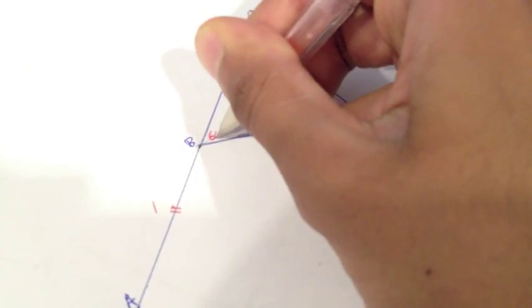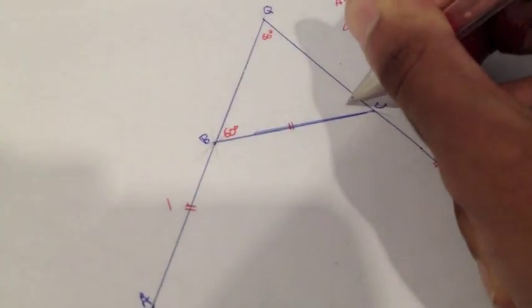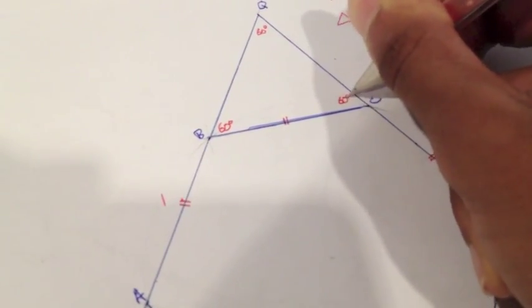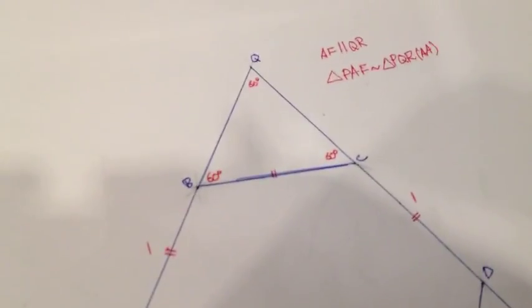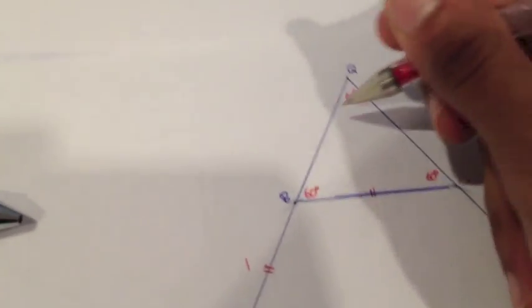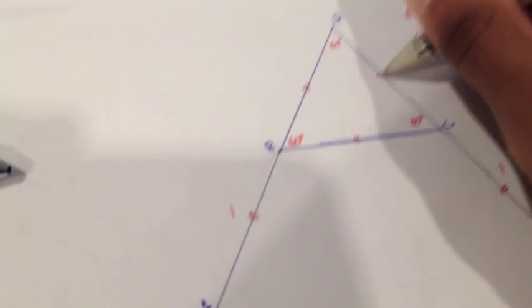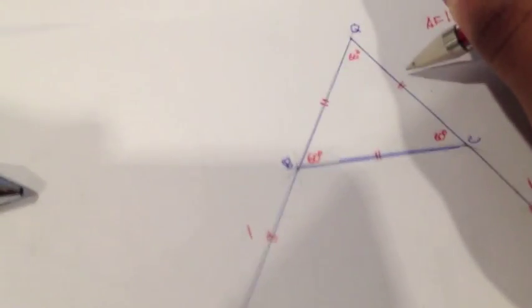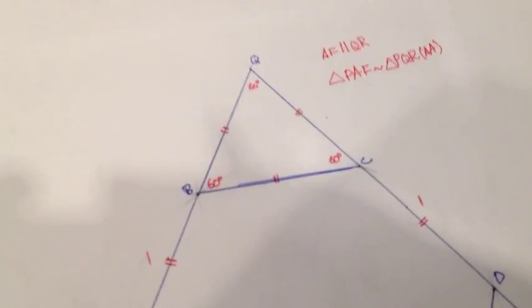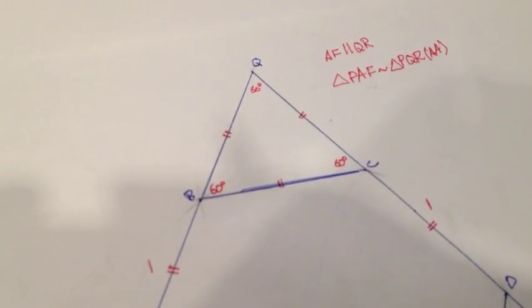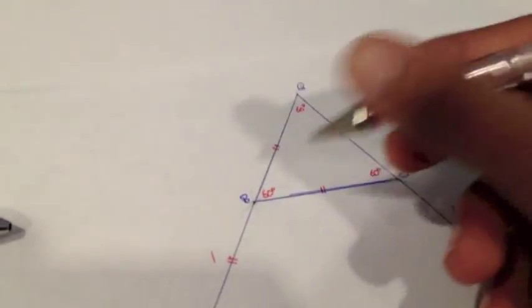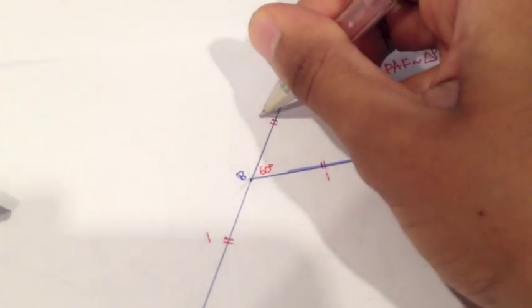So let's go ahead and write that. This makes the triangle equilateral, so we can make those marks on our diagram. It's good to keep track of things on your diagram so you don't forget. That also means that QB and QC are length 1, so we can mark that as well.